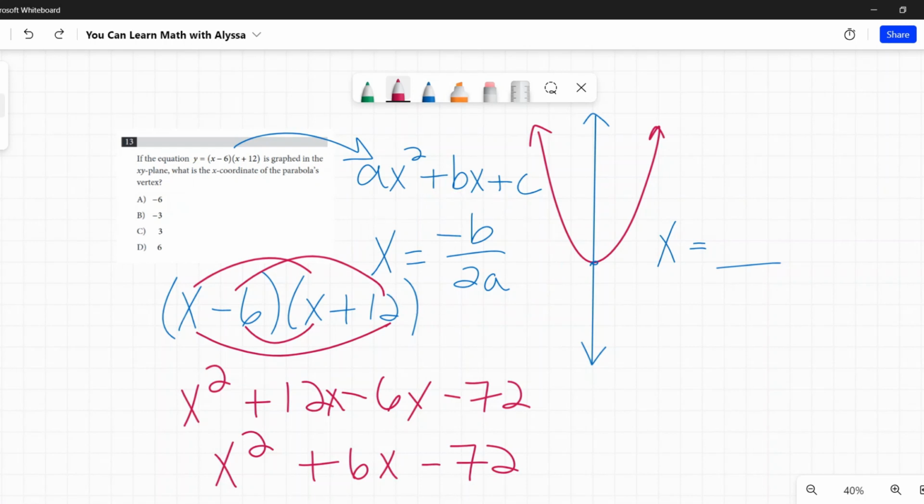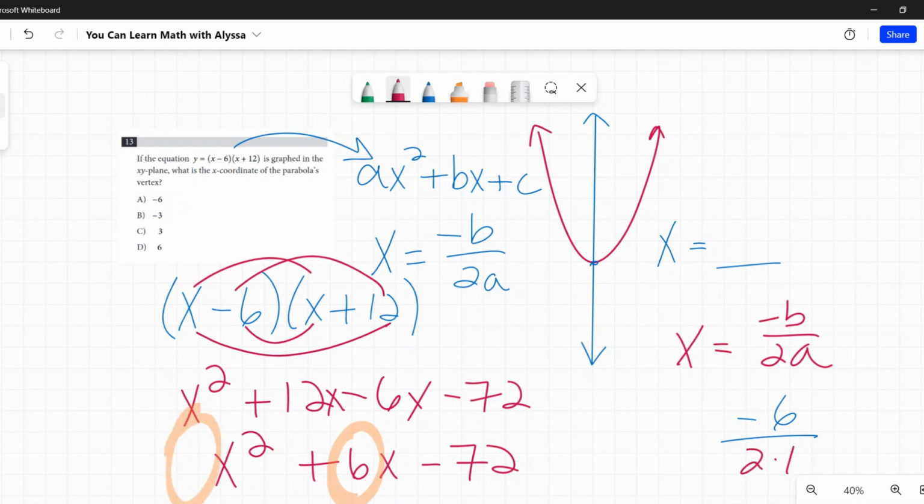Now I'm going to use my axis of symmetry, x equals negative b over 2a. My b in this case is 6, so negative 6, the opposite of that b, on top. And then my a is an invisible 1, so over 2 times 1. So negative 6 over 2 times 1.